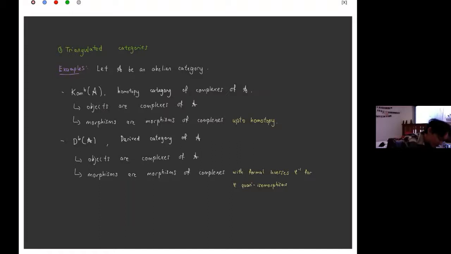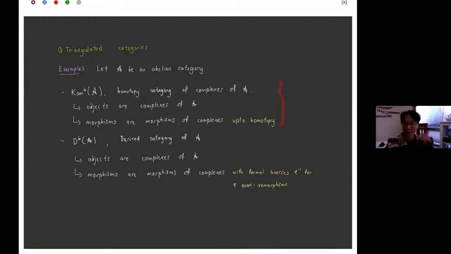Take A to be an abelian category, and I'll denote Comp^b(A) to be the homotopy category of bounded complexes of A, meaning the objects are complexes in A, and the morphisms are morphisms of complexes, so every single square needs to commute, but I'm only going to consider them up to homotopy, meaning the maps are 0 if they are null-homotopic. This will be your prototypical example of a triangulated category.